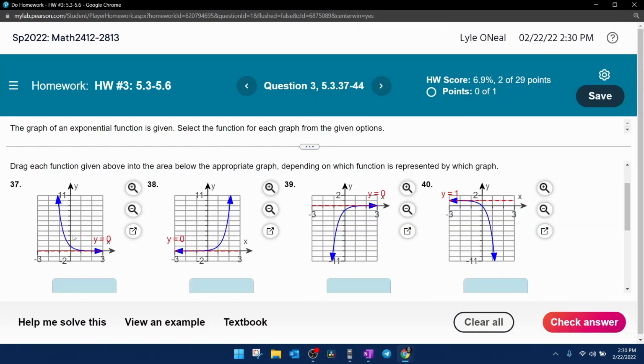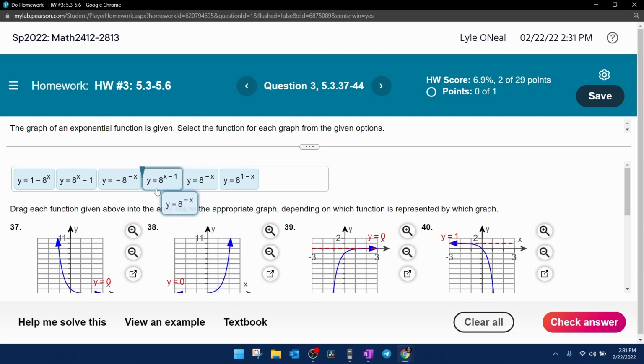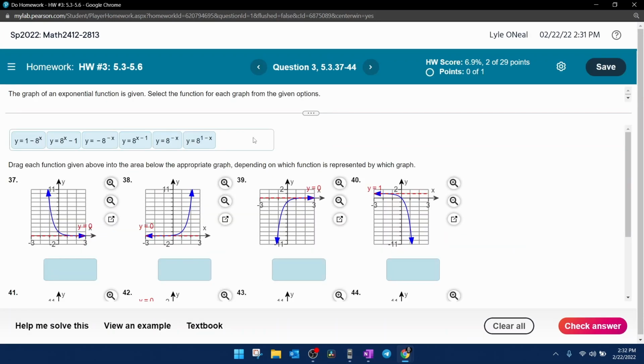And that looks a whole lot like number 37. Coming in the way we expect, it does hit the y-axis at 1. So we're going to take that equation, y equals 8 to the negative x, and drag and drop it for number 37. And I actually had to zoom out some because it wouldn't let me drag and drop it.